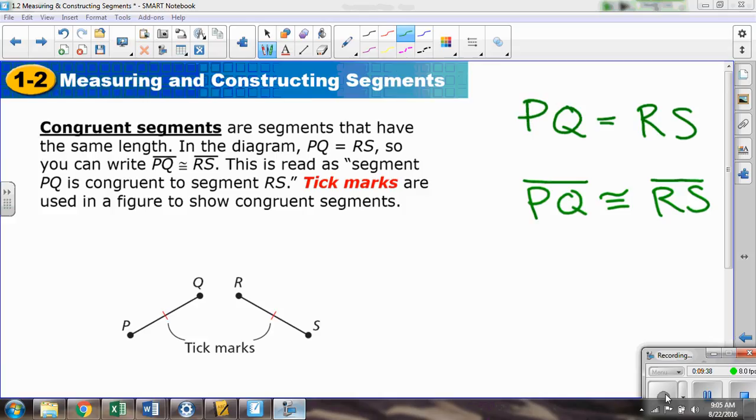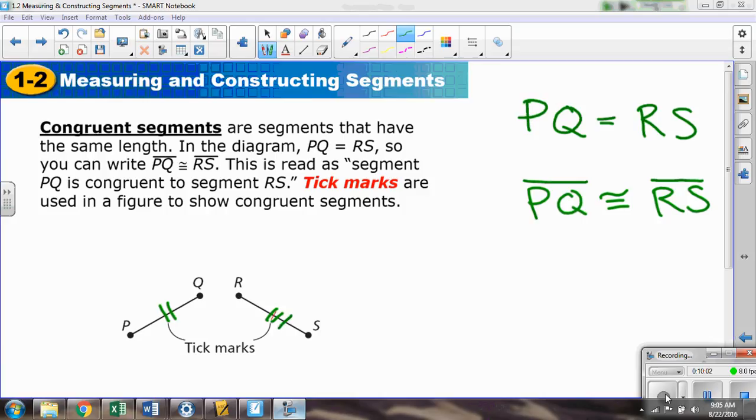When we have segments that are the same, so they have this equal distance and are therefore congruent segments, we use tick marks. When we have 1 matching 1, that's telling us these things are the same. When we have more segments, we can match 2 tick marks with 2 tick marks, and that says they are the same.